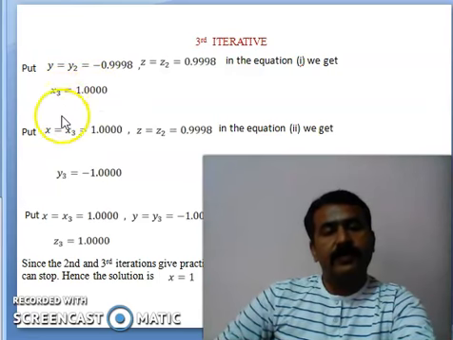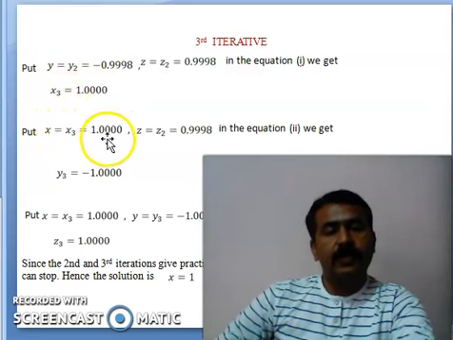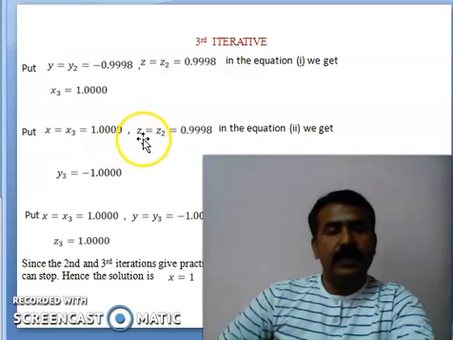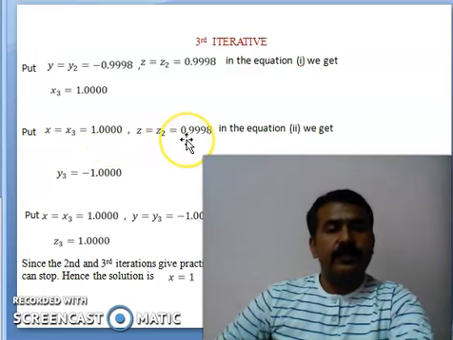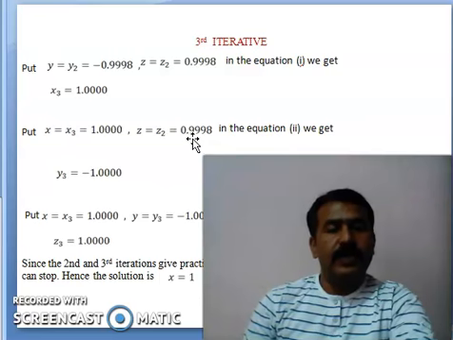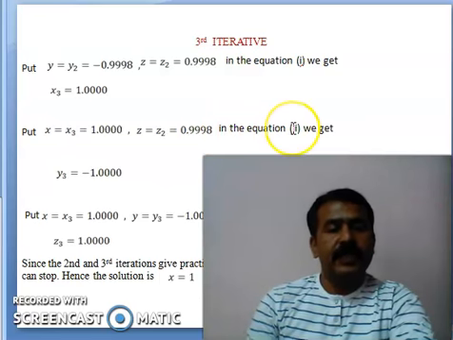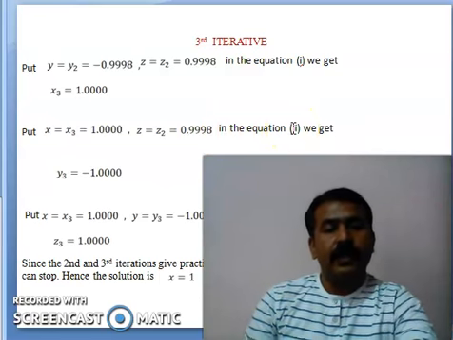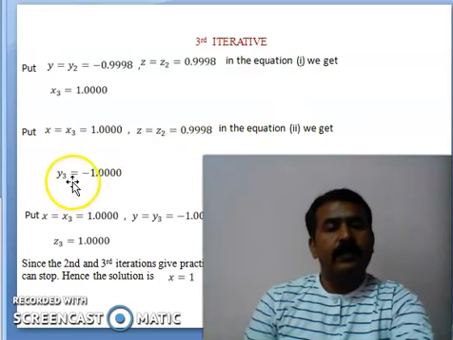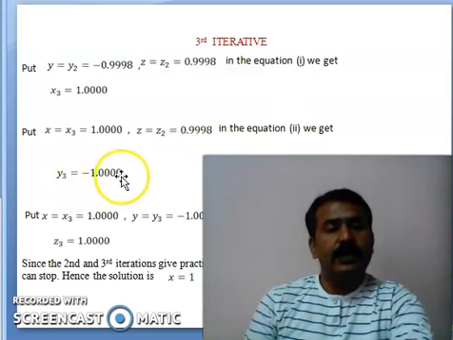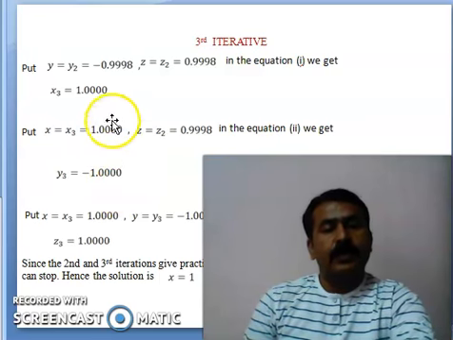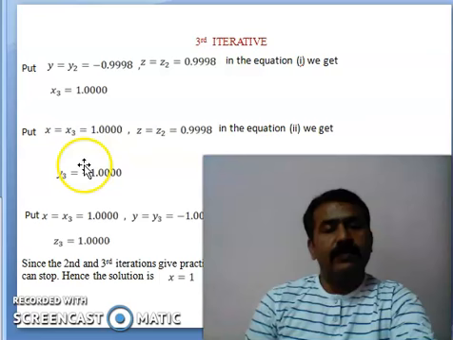In the further step, putting x equal to x3 equal to 1.0000 and z equal to z2 equal to 0.9998 in the second equation, we get the value of y3, which is minus 1.0000. Now we have the values of x3 and y3.